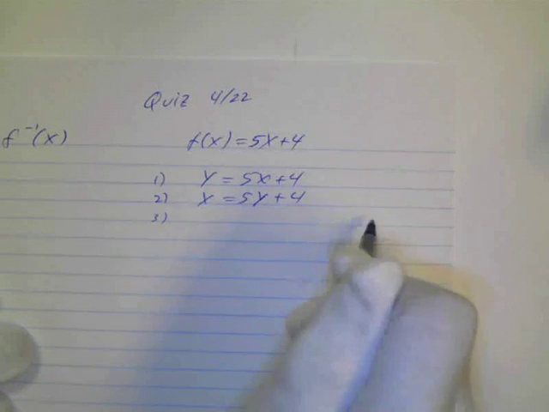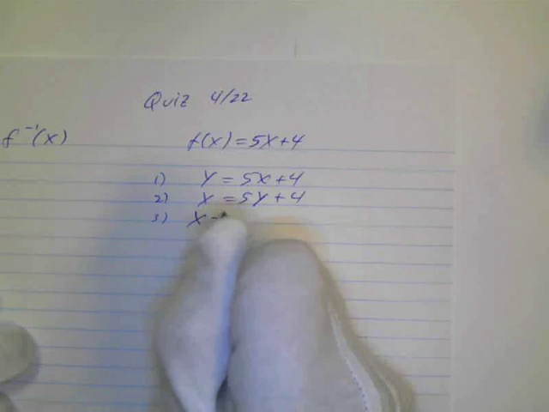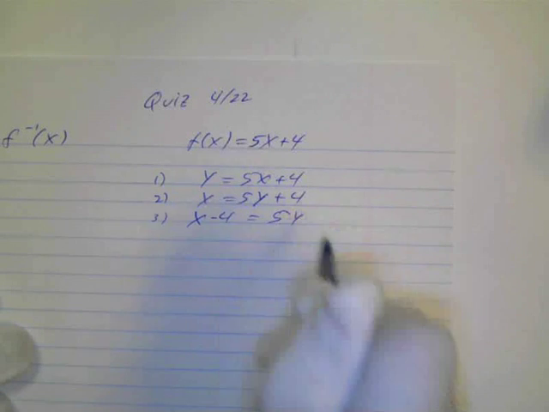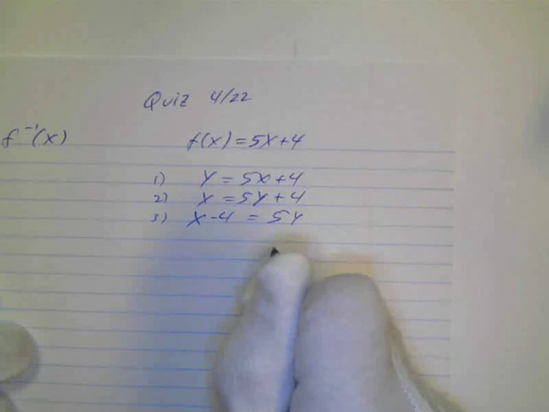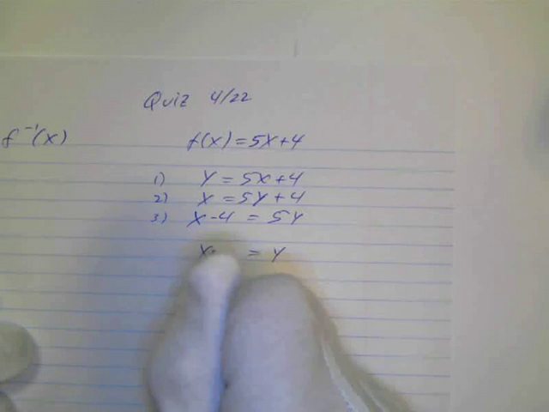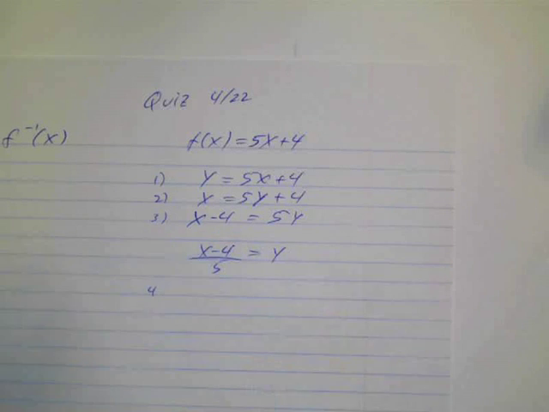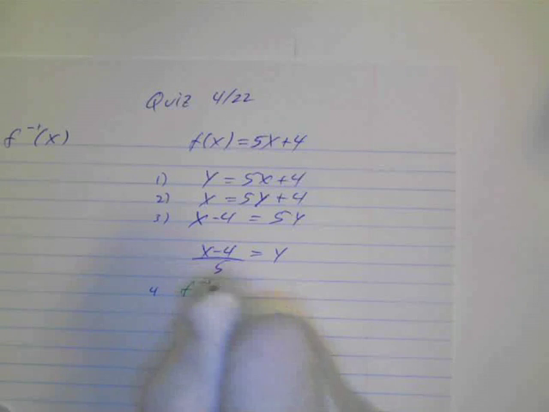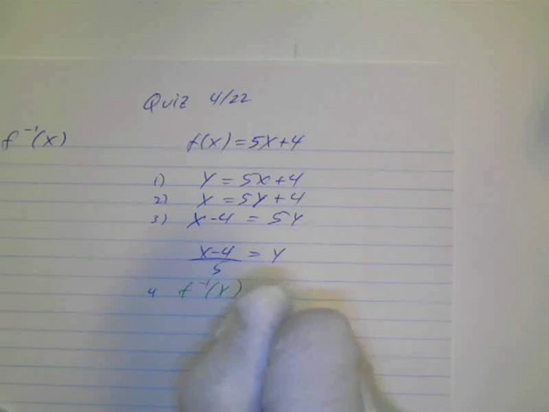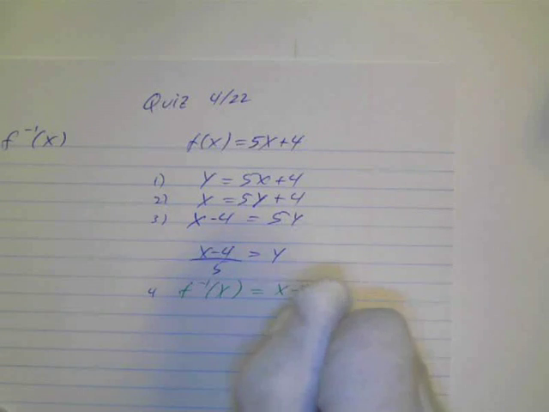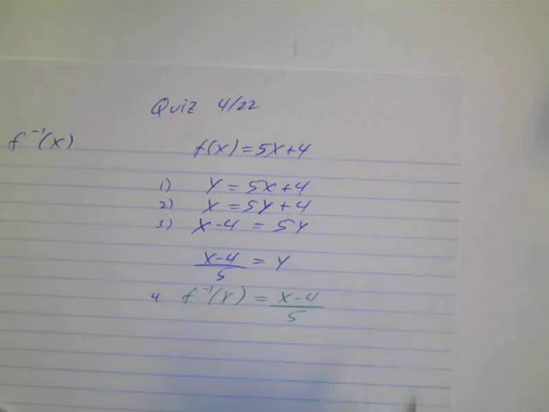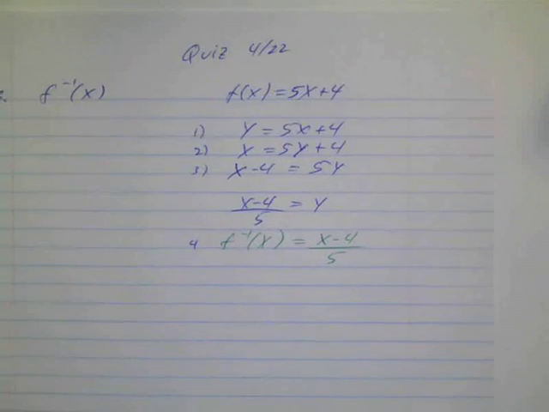So first of all, I would subtract 4 from both sides, so x minus 4 equals 5y, then I divide both sides by 5. So y equals x minus 4 over 5. And step 4, call y f inverse of x. And that's all you had to do.